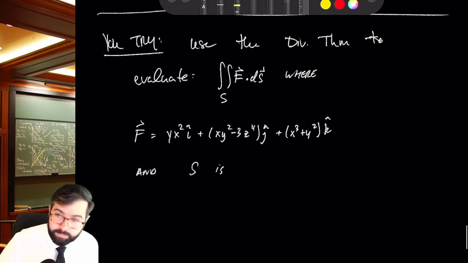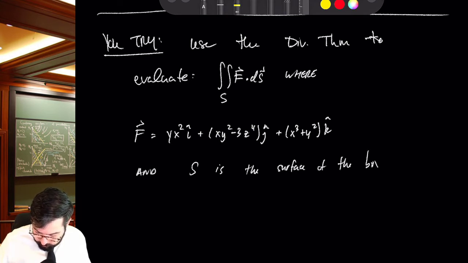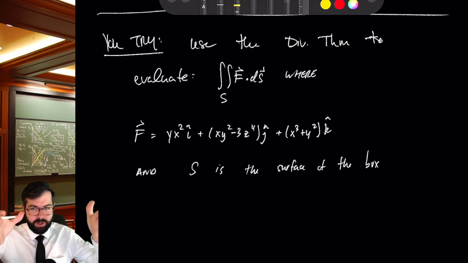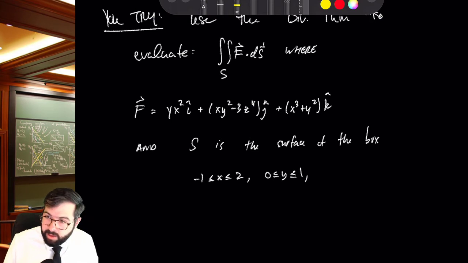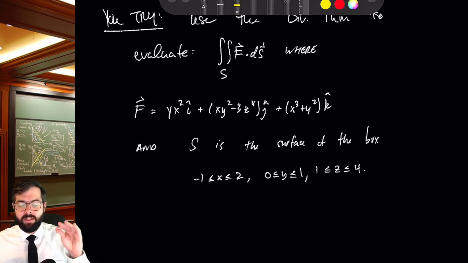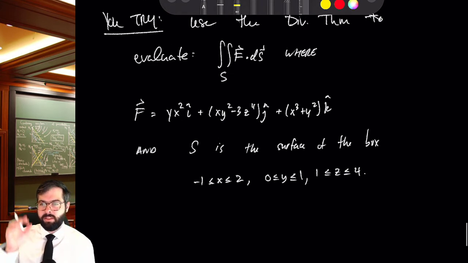And S is the surface of the box. It's like we've got a box screen detector measuring the flux, set up between -1 and 2 for x, 0 and 1 for y, and 1 and 4 for z. So set up the integral, and we'll compute it together. It's not too bad, but obviously the setup is the challenging part. So set this up and evaluate it using the divergence theorem.